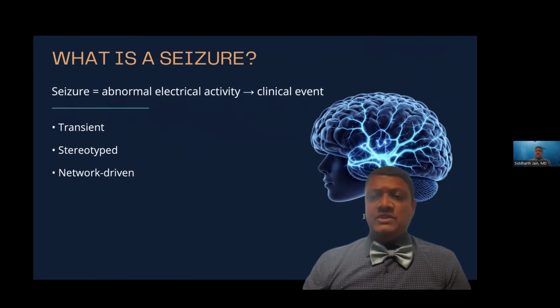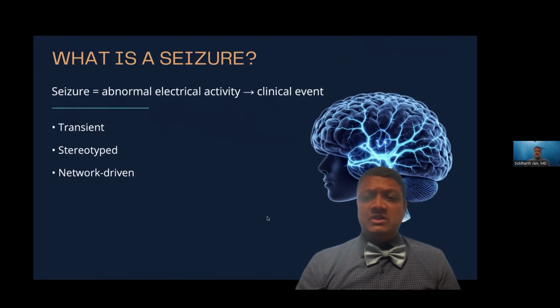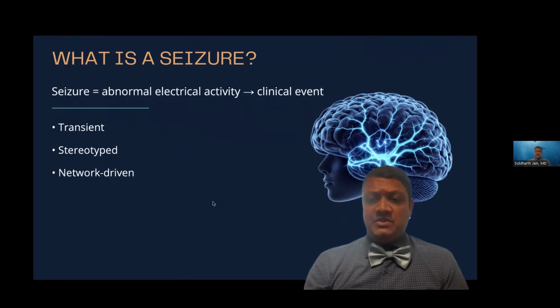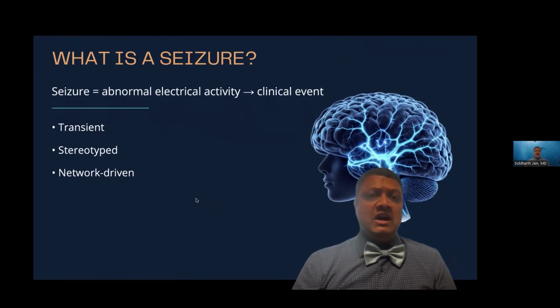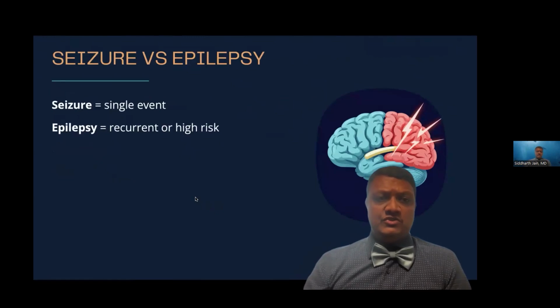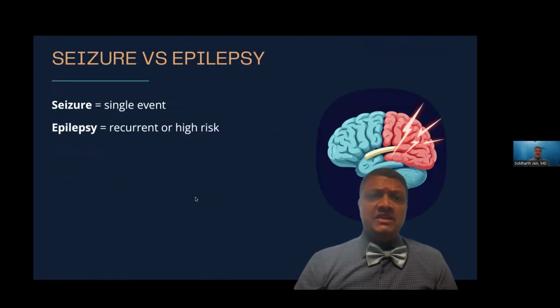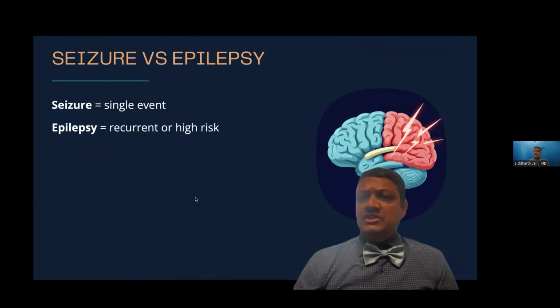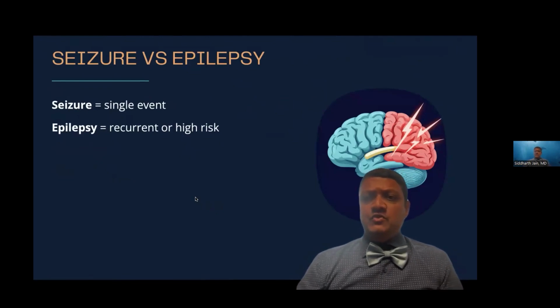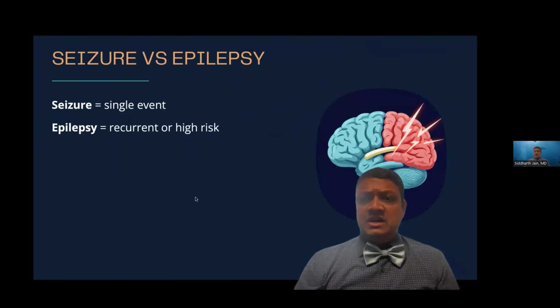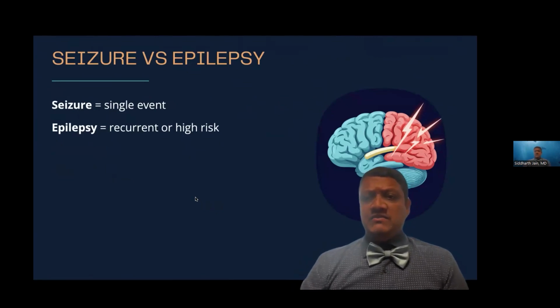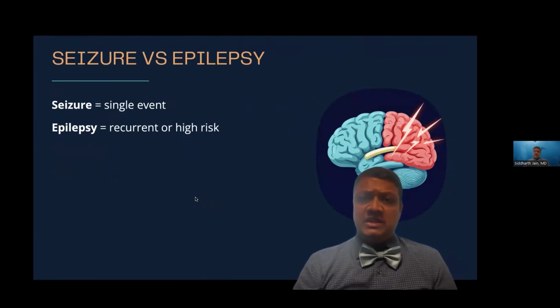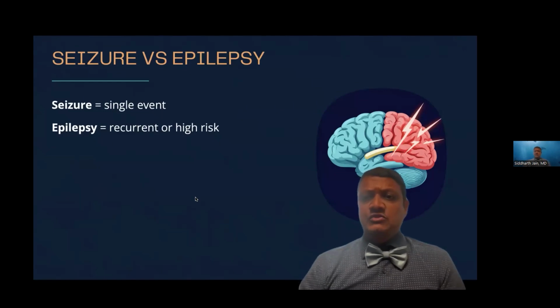Next, we'll explore the differences between seizures, which is a symptom, and epilepsy, which is the disease underlying many children with seizures. By itself, a seizure is a single event. It's important to understand the difference between seizures and epilepsy, because a seizure, being an isolated event, is characterized by the electrical activity in the brain leading to that one particular clinical episode.